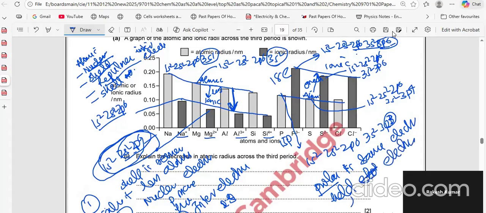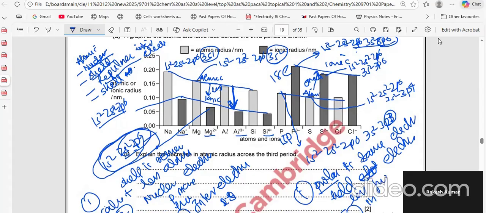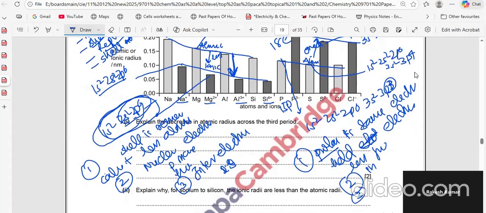Per electron there is less force, so they expand. Two, the inter-electronic repulsion is more because there are more electrons in the same area. And three, the shielding is the same. Even though the effect is not playing a part, you have to give a reason that it's not working. So it's constant because the inner shells are the same. Shielding is only because of the inner shells, and the inner shells are the same. Then you get complete marks.